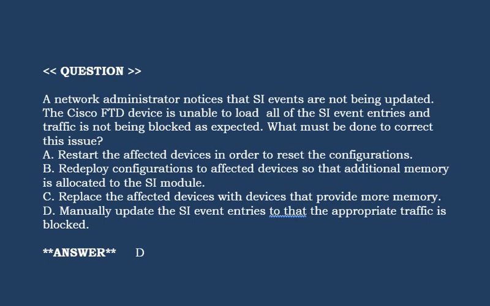Option B. Redeploy configurations to affected devices so that additional memory is allocated to the SI module. Option C. Replace the affected devices with devices that provide more memory. Option D. Manually update the SI event entries so that the appropriate traffic is blocked. Correct answer is option D.